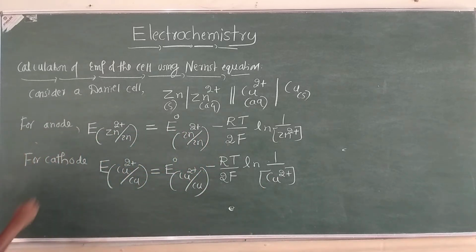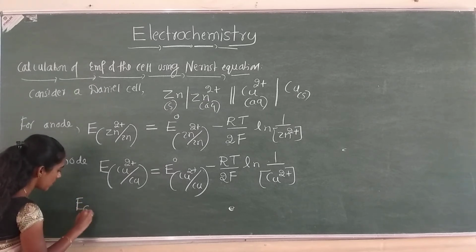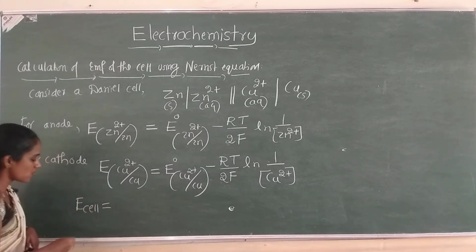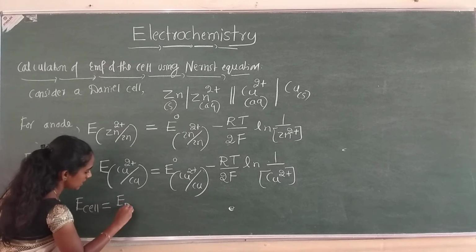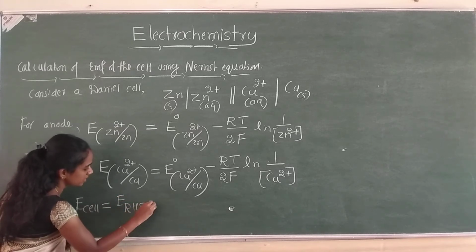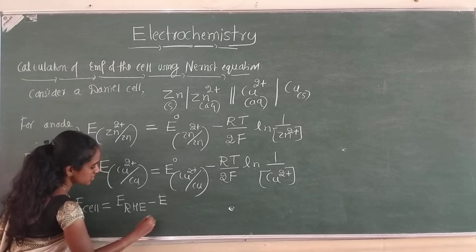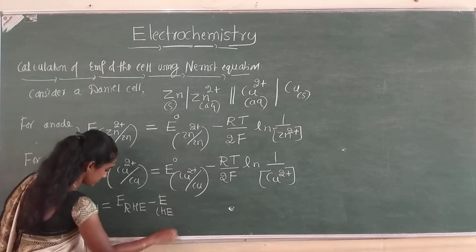Now we need the EMF. So EMF, or I'll write E cell, is equal to the electrode potential of the right hand electrode minus the electrode potential of the left hand electrode.